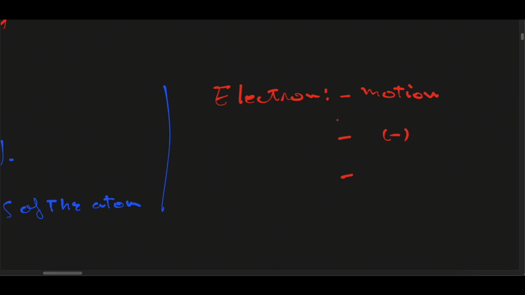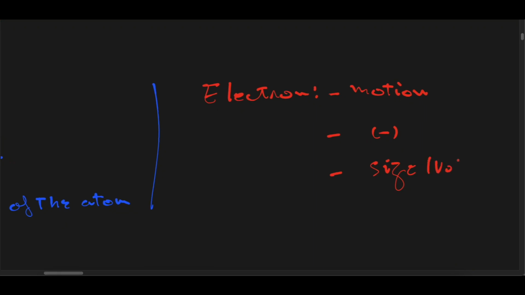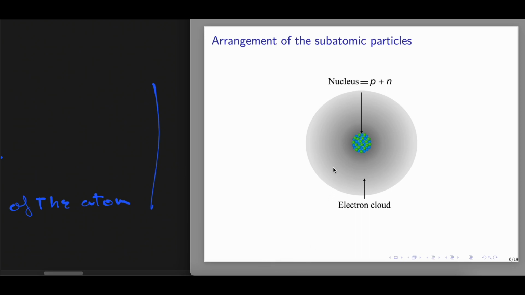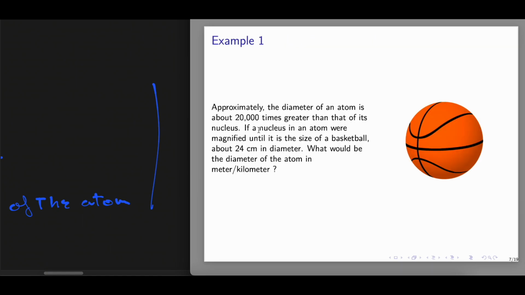The motion of the electrons determines the size, or the volume, of the atom. So we can say that the more electrons are found within an atom, the larger its size will be. Let's look at this example.